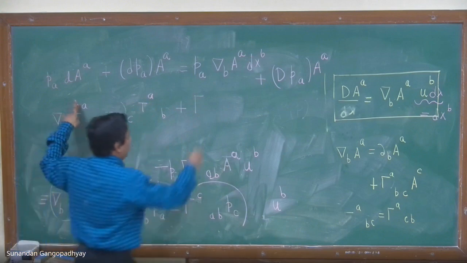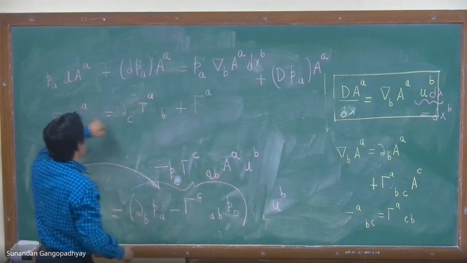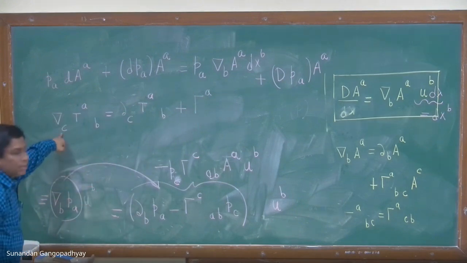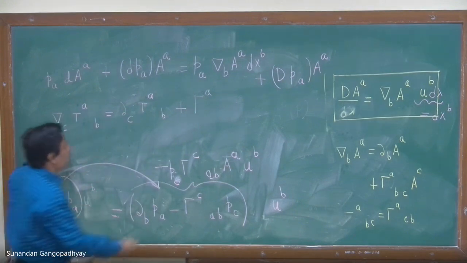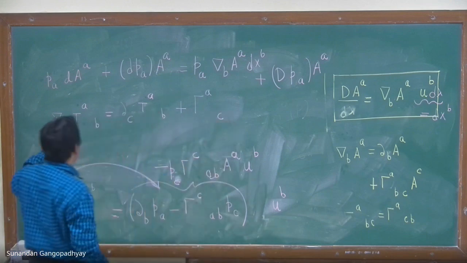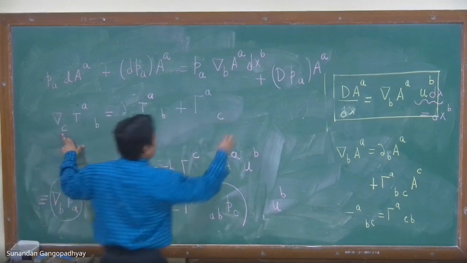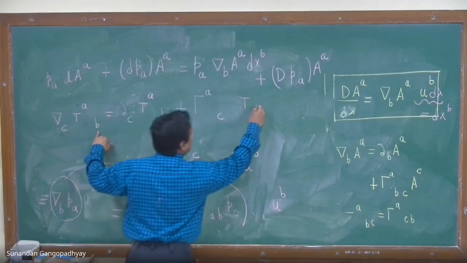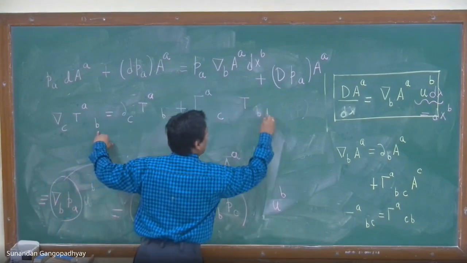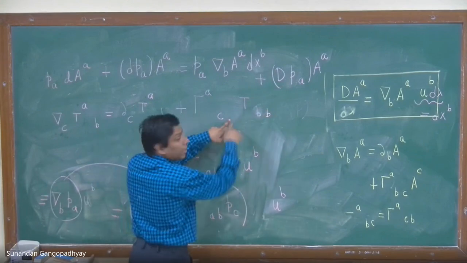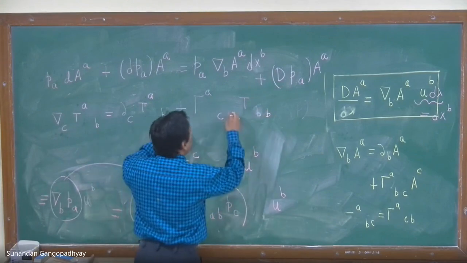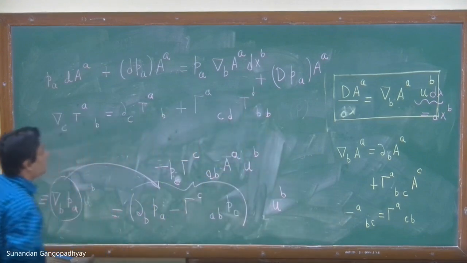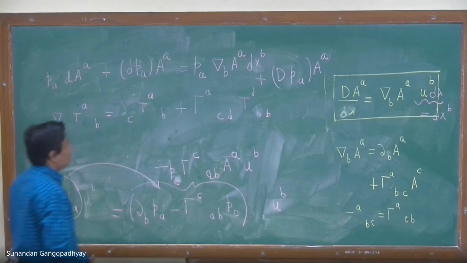You put this free index A on top of this gamma, then you put this derivative index C here, and then just write P over here. B you keep fixed because there is only one place for it to go. You put a dummy index D, DT. So this is the first term.